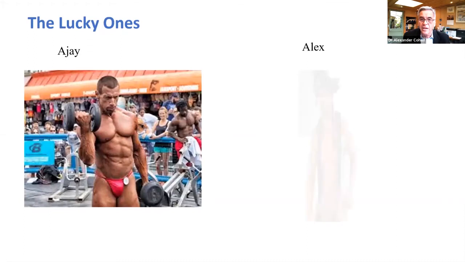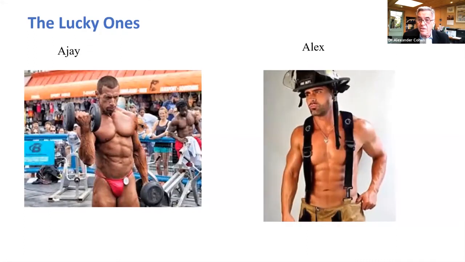I think a couple of other random people are the lucky ones. There's Ajay and Alex, and for some reason or another, they will end up with NOACs when they have their VTE, but poor old Simon and Alok will not. So it's a bit of a lottery, in my view.